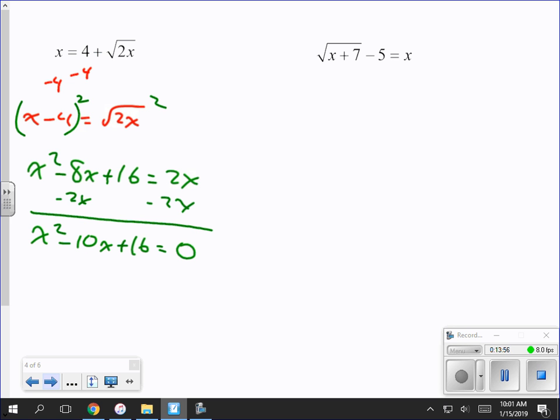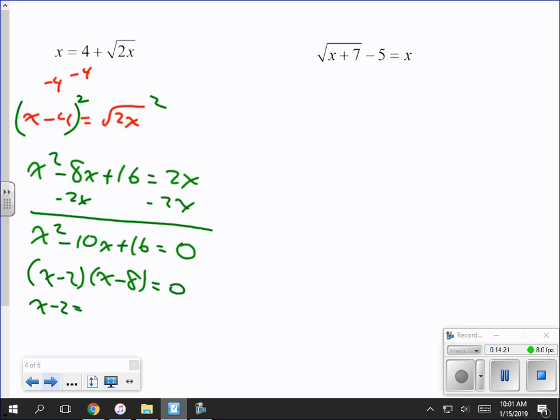Two numbers that multiply to give me positive 16 that add to give me negative 10. So this is positive, so they're both going to be negative. 2 and 8. 2 times 8 is 16. 2 plus 8 is 10. So I get x minus 2, x minus 8 is equal to 0.